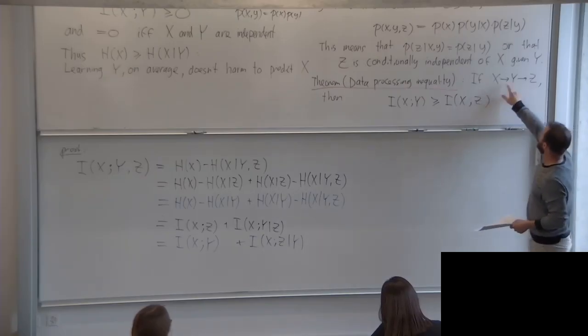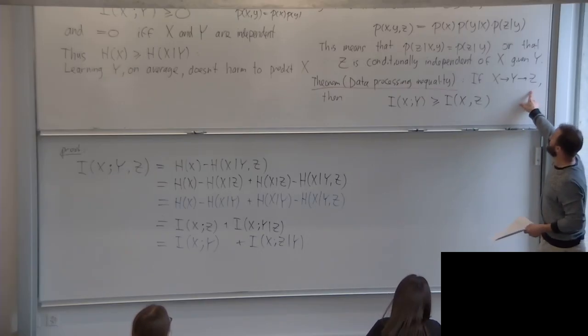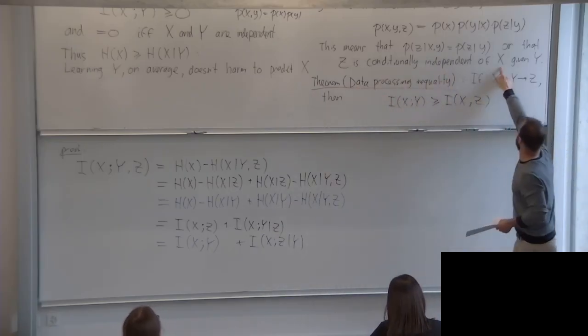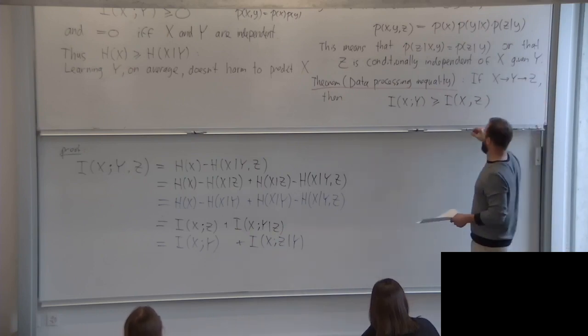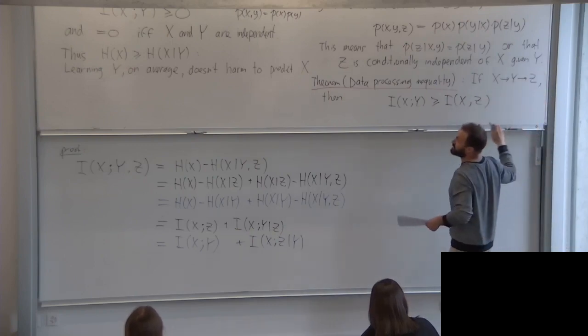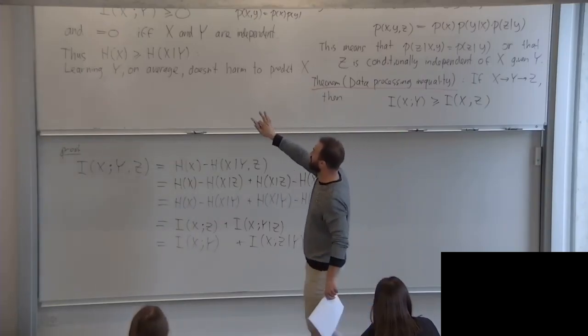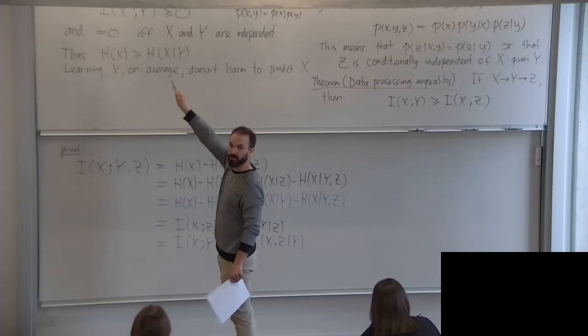But now we're going to use the fact that it's a Markov chain. Since it's a Markov chain, it means that z is conditionally independent of x given y. So by the data processing inequality, that's what we want to show. By the information inequality, they're independent if and only if their mutual information is equal to 0.